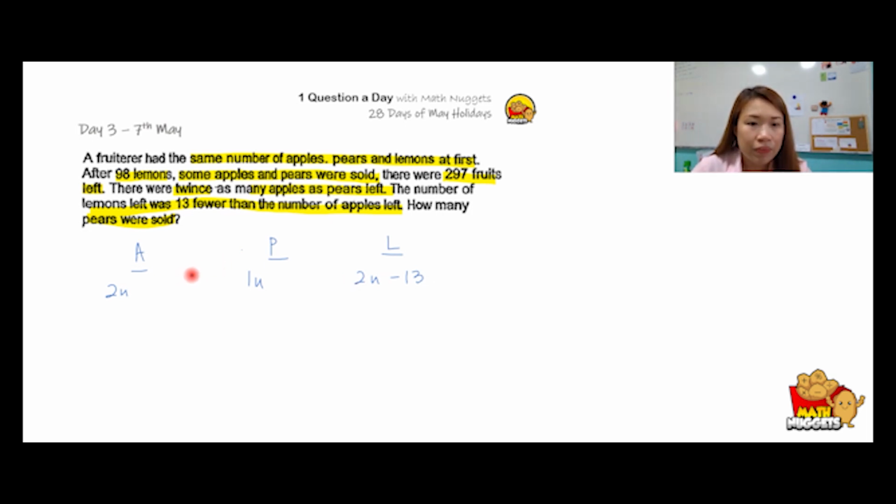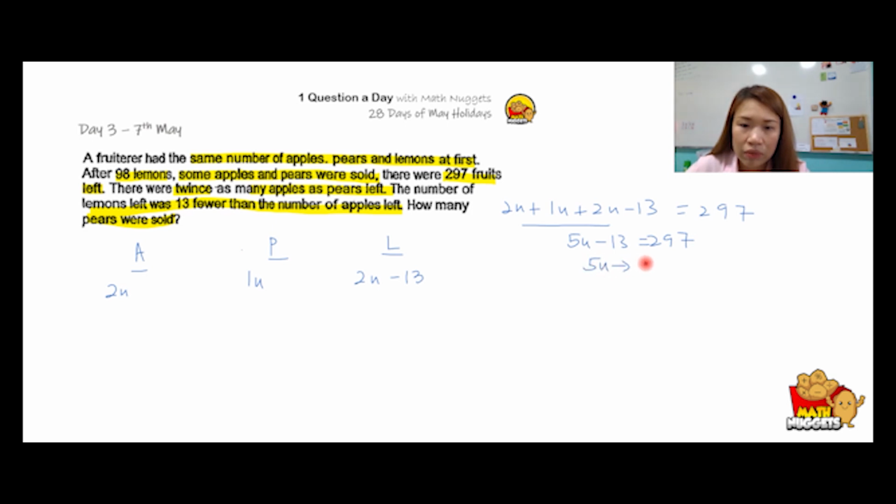Okay, and since they tell us that there are 297 fruits left, right? Which means that 2 units plus 1 unit plus 2 units minus 13 will give us 297. So if I combine this, let me solve for my units. 5u minus 13 is 297.